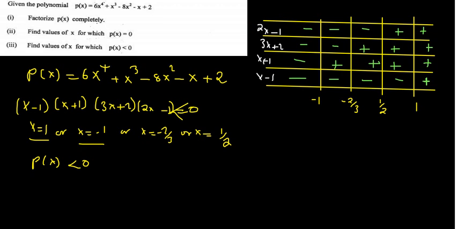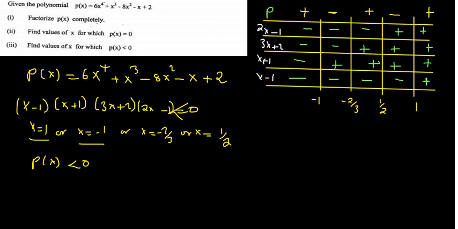Now remember, these factors are multiplying, so I am interested in their product. So the product of signs: negative, negative, negative, positive, negative, positive, negative, negative, negative. This will be positive, this will be negative, this will be positive. Now we're interested where the function is less than 0.